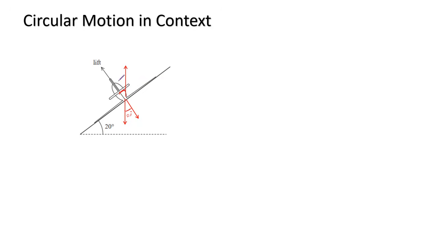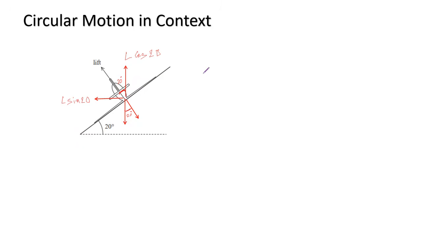So this will also be 20 degree. So this lift actually has two components. One would be the vertical component, which is, let's call this L cos 20. The other one would be the horizontal component. That would be L sine 20.